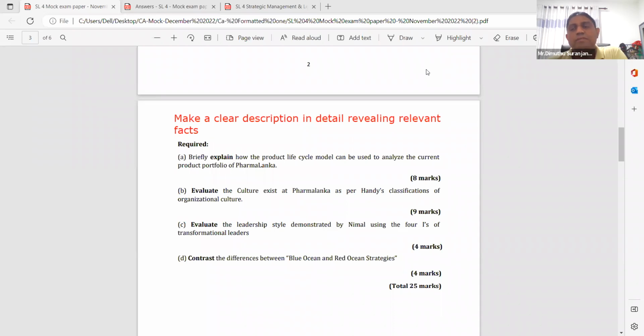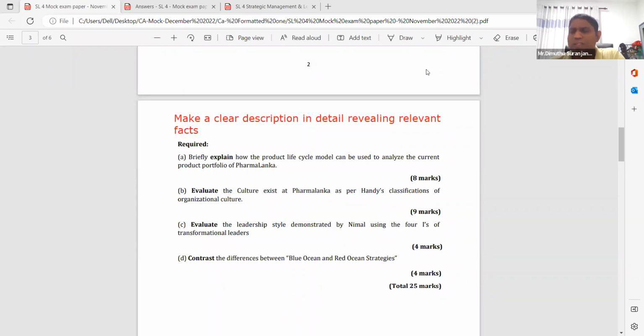Now, guys, doing these mock exams is really important. Often students make the mistake of going directly to the exam without proper preparation. I think we have to appreciate the work done by CA to conduct this mock exam. Within the mock, you may have come across some mistakes and weaknesses.